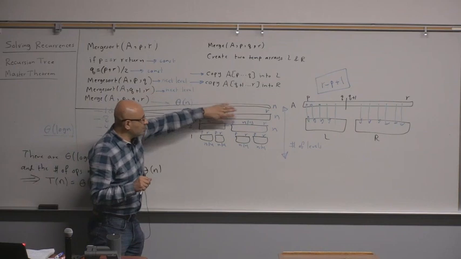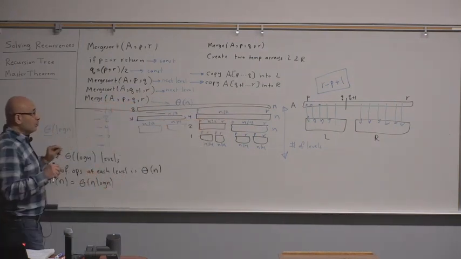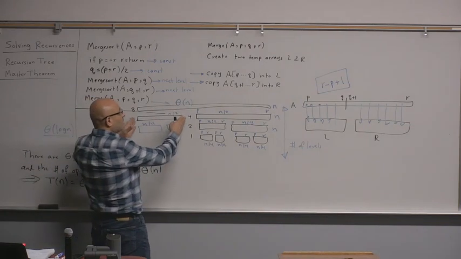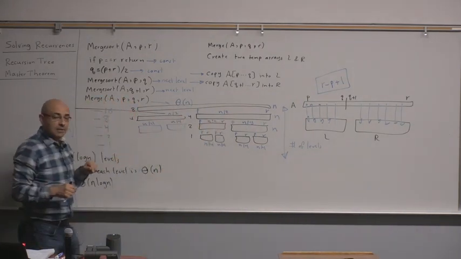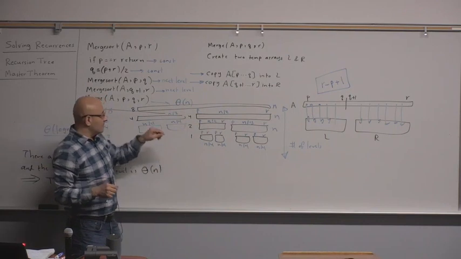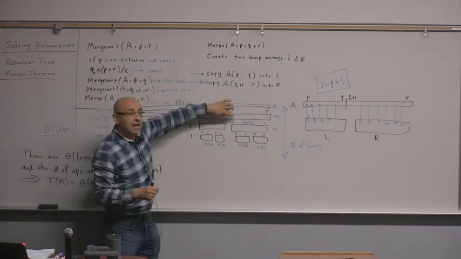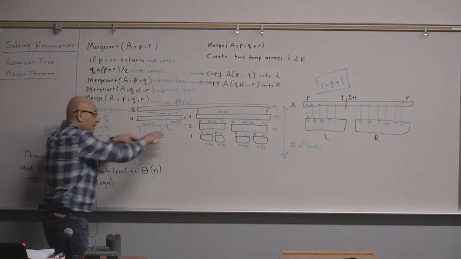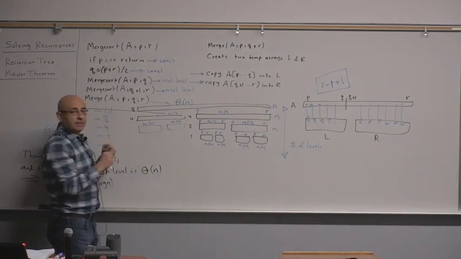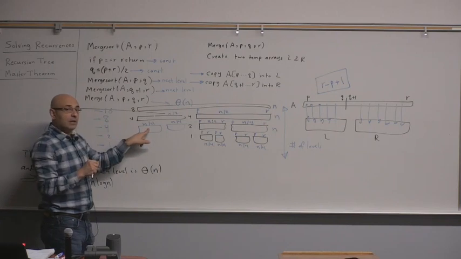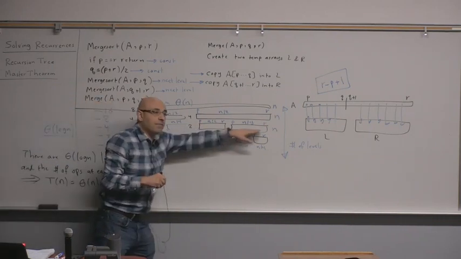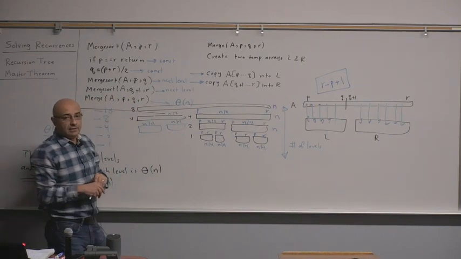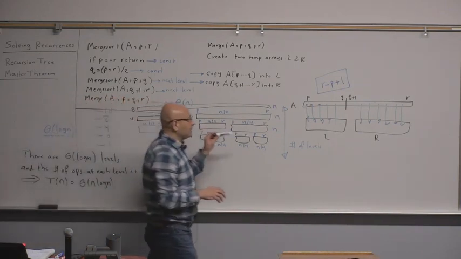So because you divide it into two subarrays, and the array gets smaller by a factor of 2, but there are 2 of them. So this is half the work, half plus half is going to be n. And at the next level, the size of each array is 1/4 of the original size, but there are 4 of them. So this will give you n again. Okay, that makes it easy to analyze.